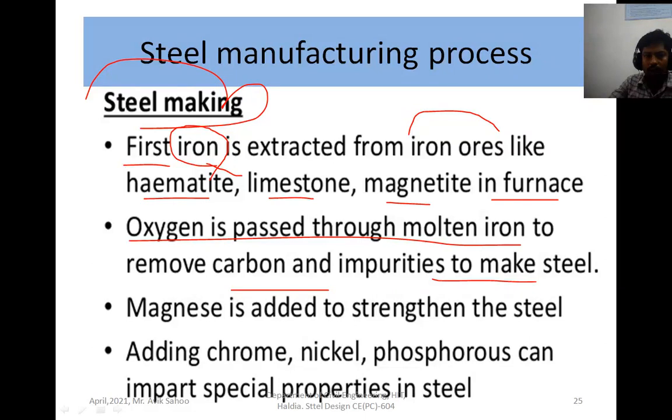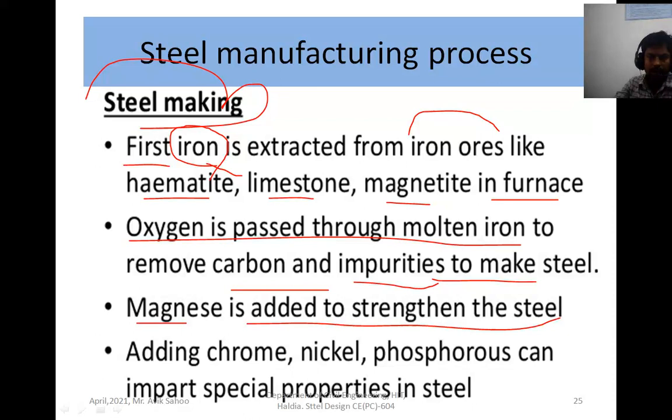So after getting the iron from the iron ore, oxygen is passed through molten iron to remove the carbon and impurities to make steel. Then manganese is added to strengthen the steel.